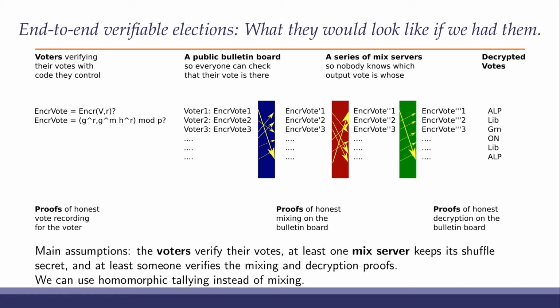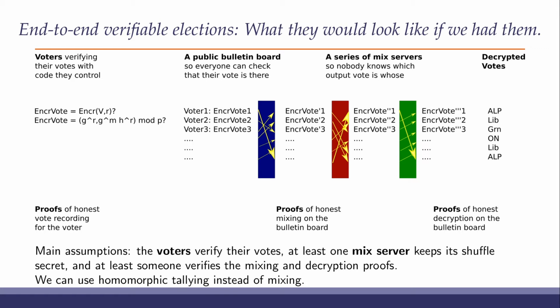So in an ideal system, we'd have some assumption that says the voter can take their own open source code, download it onto any number of devices they like, and use that code directly to verify that the ciphertext they made truly encoded the vote that they wanted to cast. And they get some kind of proof that they can verify themselves.